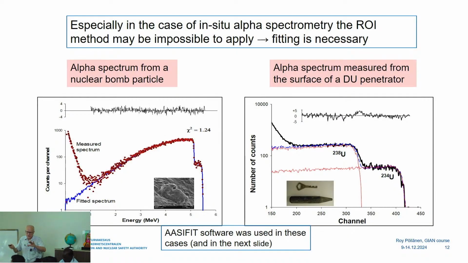To determine activity, we need to know peak area, but in these cases it's not possible because this peak continues down, but we cannot detect down to zero pulses. For an activity ratio, take into account this plateau and this plateau.